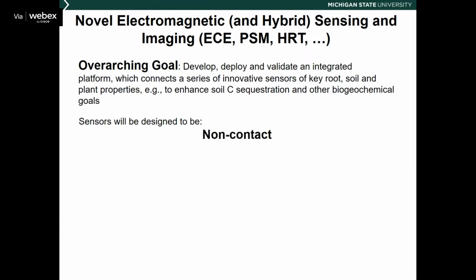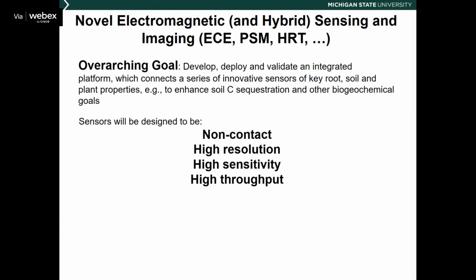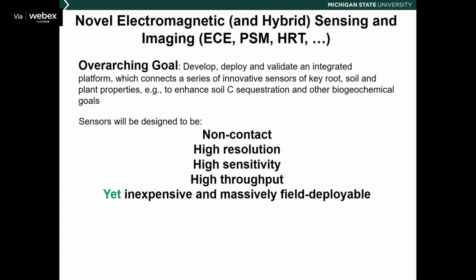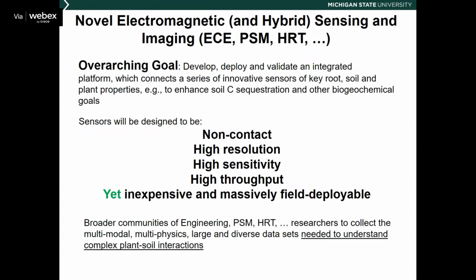And the sensors should be designed to be non-contact, high resolution, high sensitivity, high throughput, yet inexpensive, and massively field deployable in the soil. These are very ambitious goals, but we realize that by cleverly tailoring some of the EM sensors we have, we might make this possible.